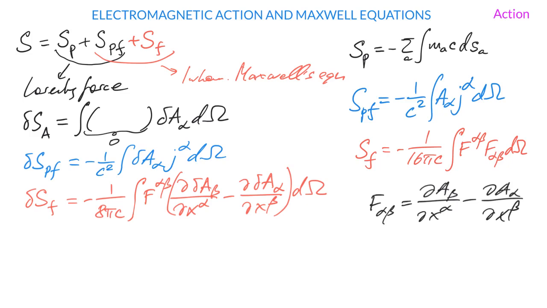This is because f alpha beta is antisymmetric. So if I take f alpha beta and this first term in the brackets, alpha and beta are both dummy indices, so I can interchange them. If I interchange them, I'll have f beta alpha d delta A alpha by dx beta.